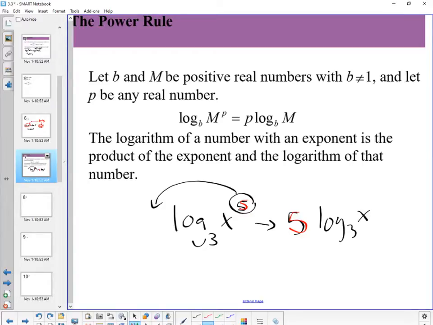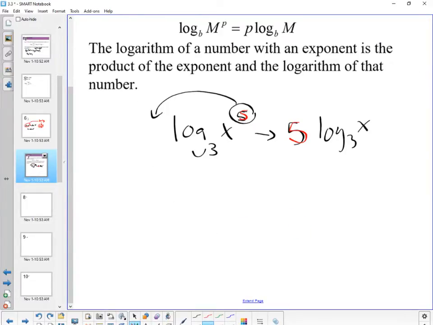You can. That's a rule. Because if you really think about this here, let me step back a little bit. Let's see here. If we did a conversion, 3 to the x would equal x to the 5th, right?